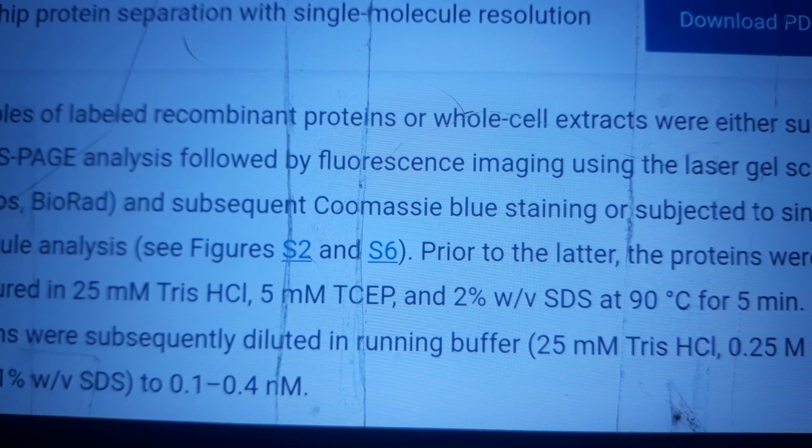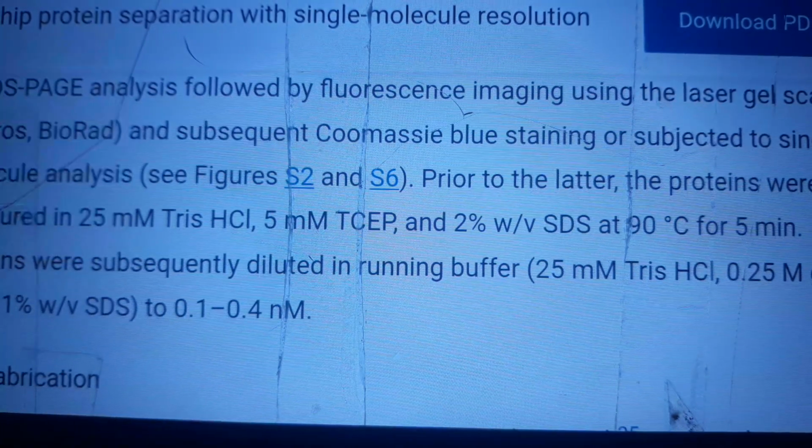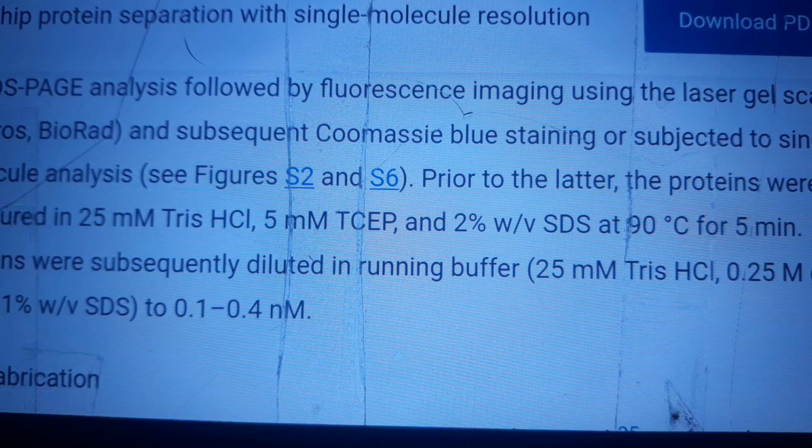Samples of labeled recombinant proteins or whole cell extracts were either subjected to SDS-PAGE analysis, followed by fluorescence imaging using the laser gel scanner, Pharos, Bio-Rad, and subsequent Coomassie blue staining, or subjected to single molecule analysis.